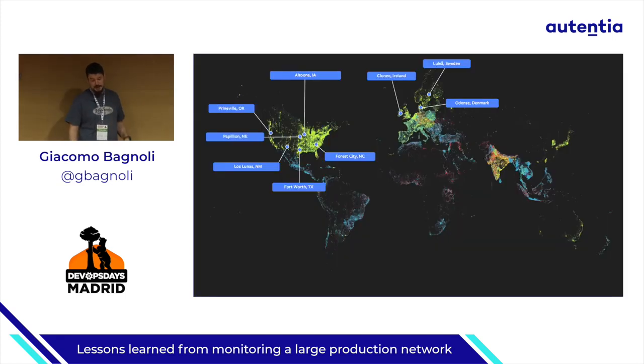We also have many locations across the world. This is a slightly outdated version of the current locations that I can display. Those regions are connected together via two different backbones. We have to monitor those backbones as well because replication traffic goes through the regions.